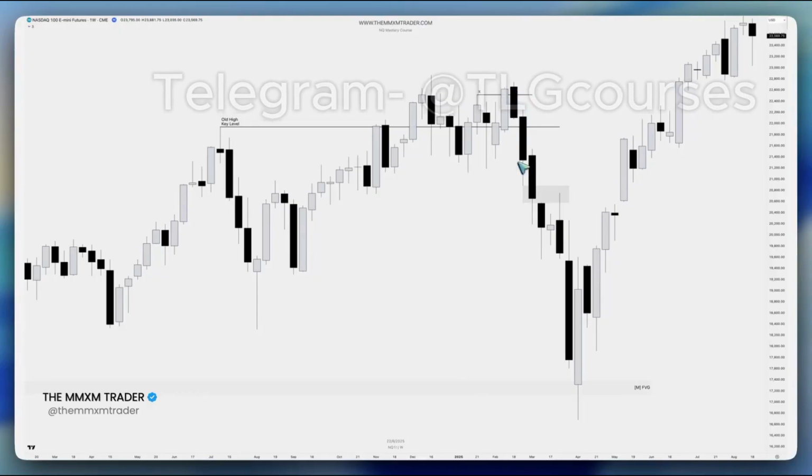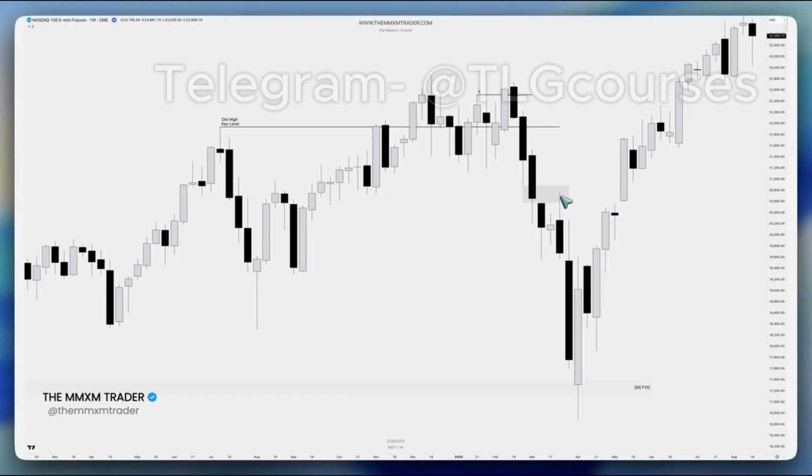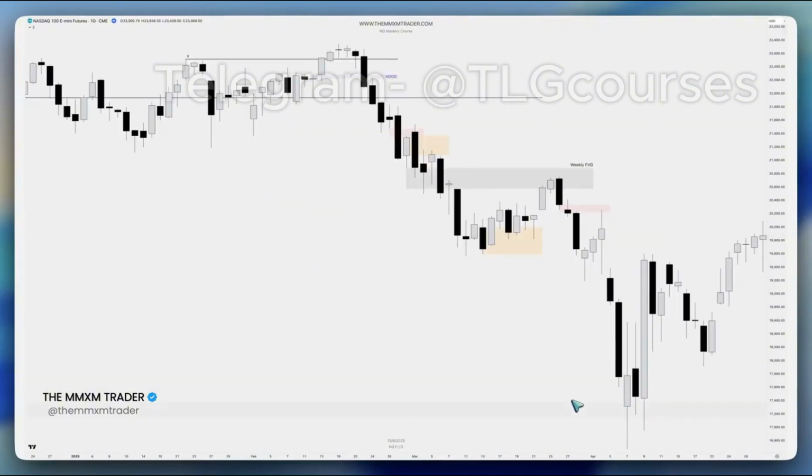We close below the collection of down close candles here. Can be used as an order block, higher time frame key level. Market then expands lower. We then form a weekly fair value gap, right? And then we trade up into the weekly fair value gap, and we use that weekly fair value gap to murder the lows.